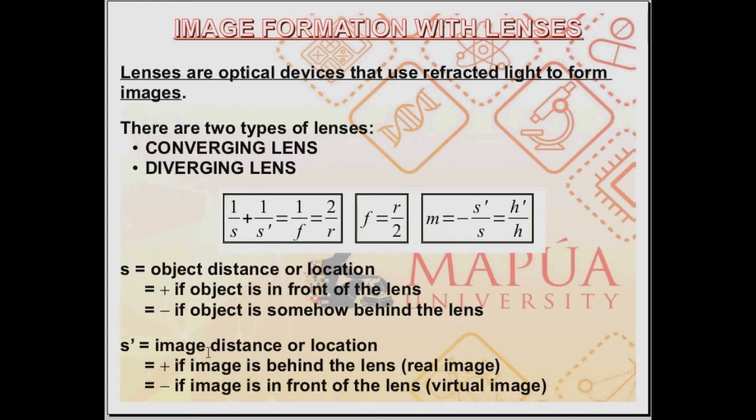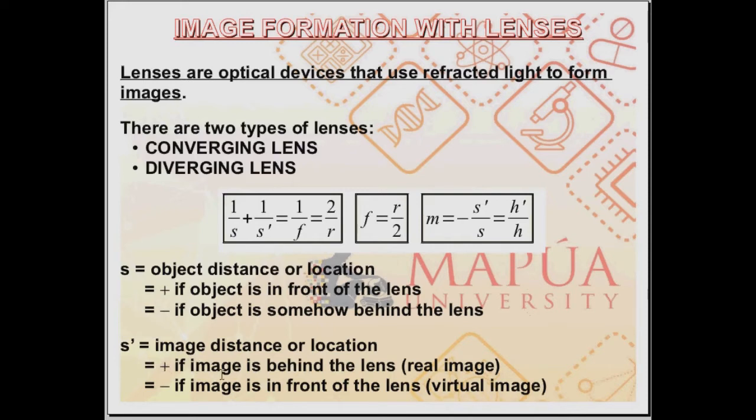s' is still the image distance, or location with respect to the optical device, in this case the lens. This time, we are talking about refracted light. The light passes through the lens, so the refracted light is behind the lens. The image that should be formed should be behind the lens.